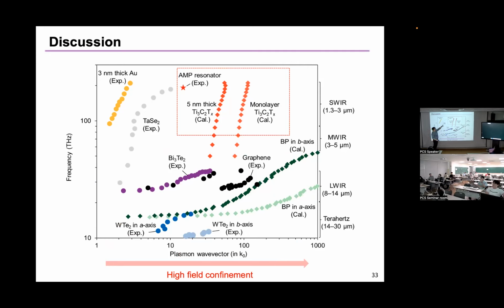Sometimes the TMDC material shows an increase of the frequency to a stabilized region, but the wavelength is still very low. This is a very exceptional material, the TMDC material. And this is the noble metal structure, and the MXene structure is located in this region, so a large frequency and large K vector region. So MXene can generate the large wave vector plasmon mode in the SWIR region.